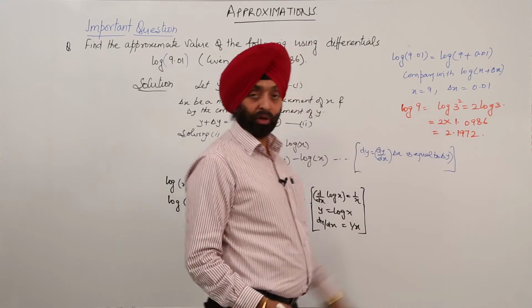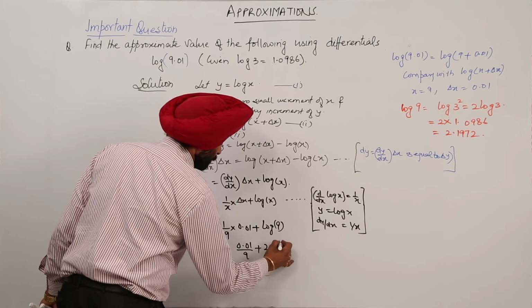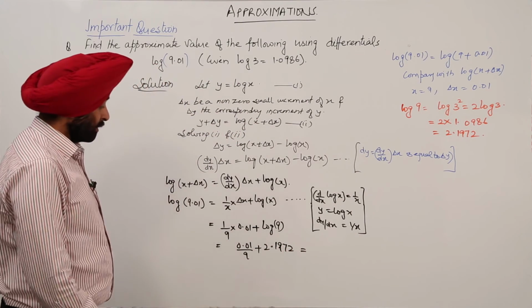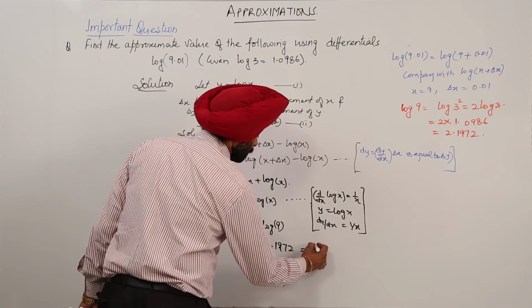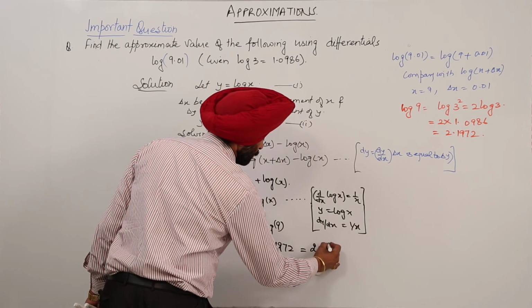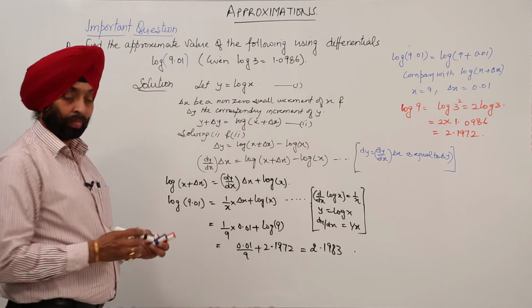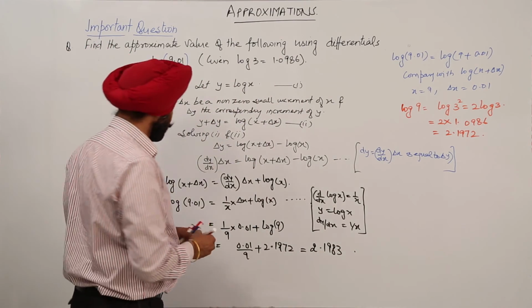Log 9 is 2.1972. And on solving, we are getting 2.1983 as answer.